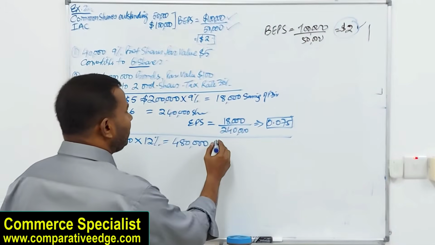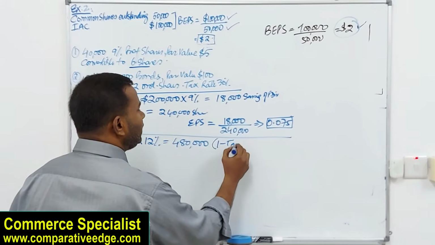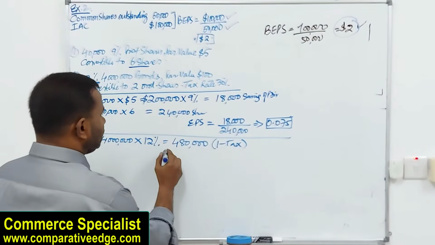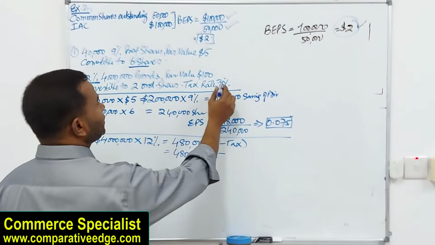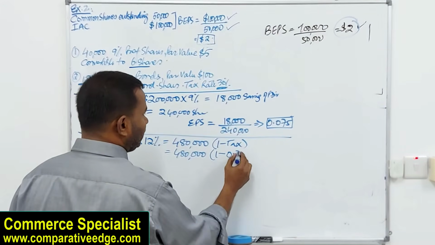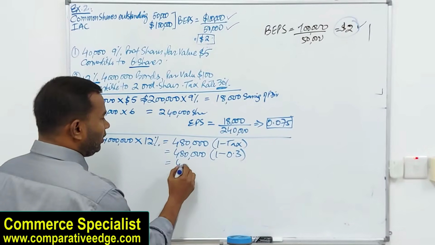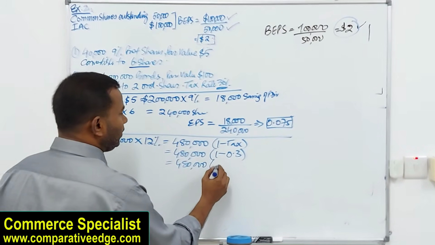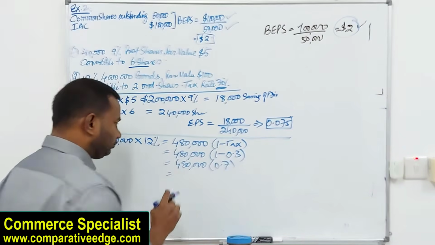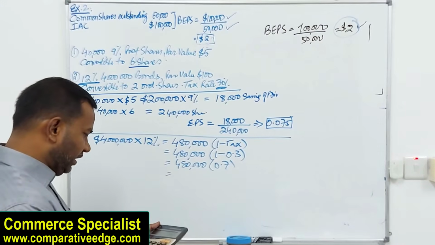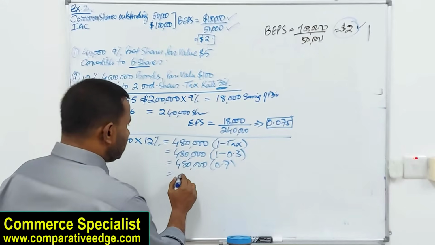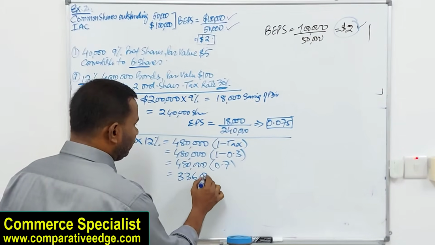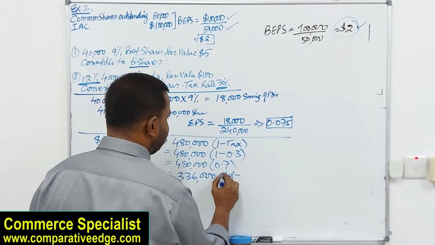You have to multiply it by 1 minus tax because we need after tax saving. So this is 480,000. 1 minus tax rate is 30%. So tax is 0.3. So 480,000 would ultimately be multiplied by 0.7. So 480,000 into 0.7 will give you 336,000 of net of tax saving.